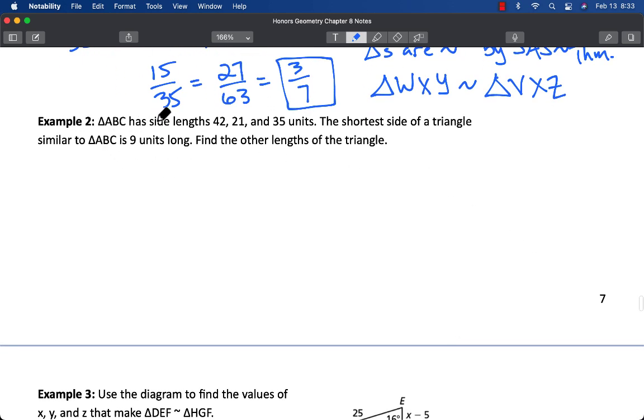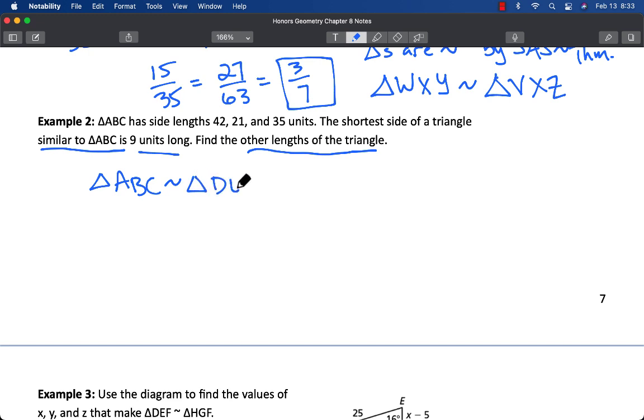We have triangle ABC. It has side lengths 42, 21, and 35. The shortest side of a triangle that's similar to triangle ABC is 9 units long. Find the other lengths of the triangle. In other words, triangle ABC is similar to another triangle.